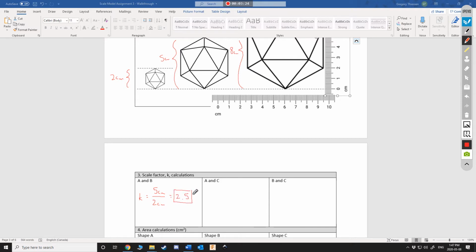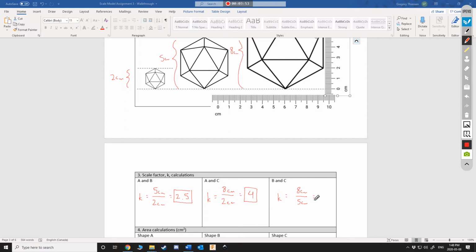That's our first one. Now if I compare from A to C, I do the exact same thing, but now I put C on top, so that's 8 centimeters divided by 2 centimeters, and that's 4. Our scale factor is 4 for our second one. And for the last one, K is equal to 8 centimeters over 5 centimeters.